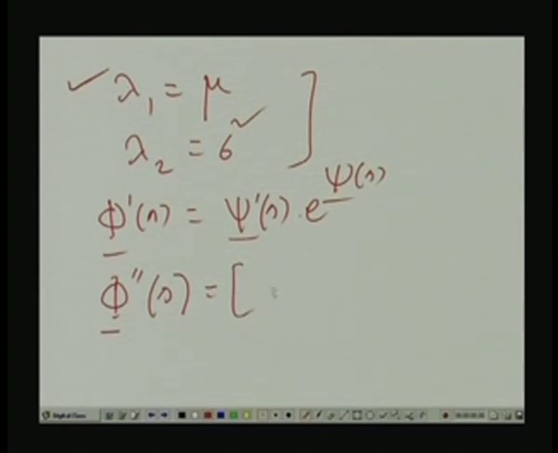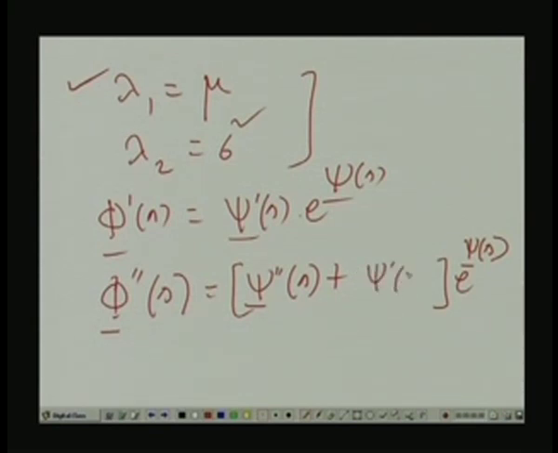Okay. So, if you differentiate this, it becomes psi double prime s, this quantity goes outside, and if you hold this and differentiate this, you get back psi prime s again.